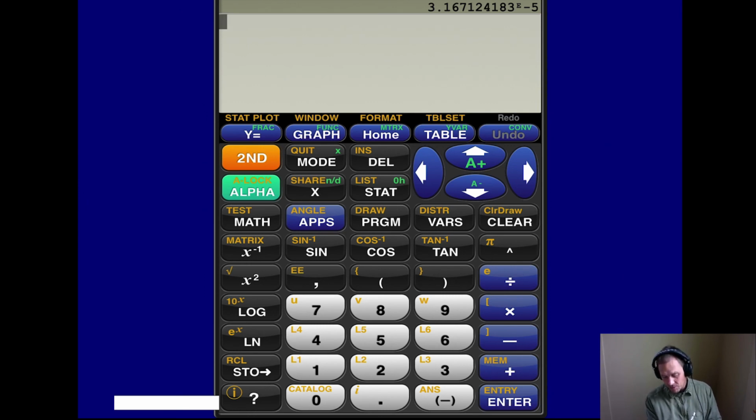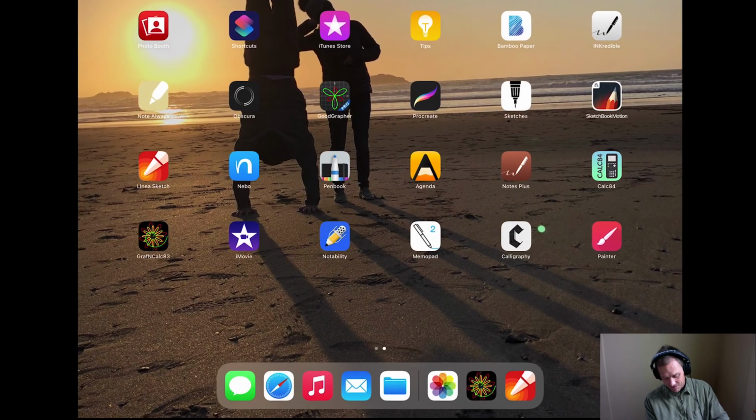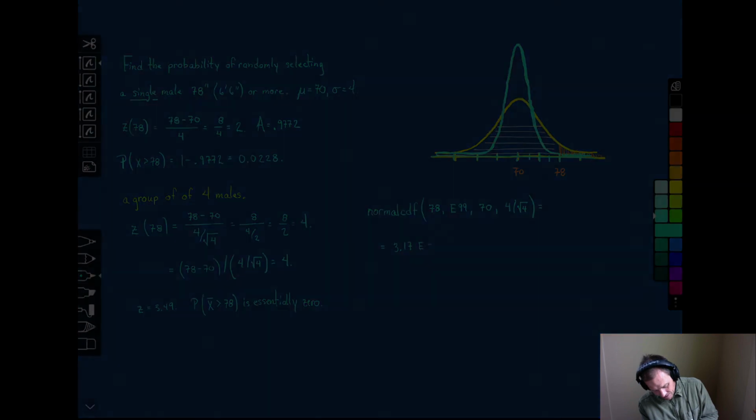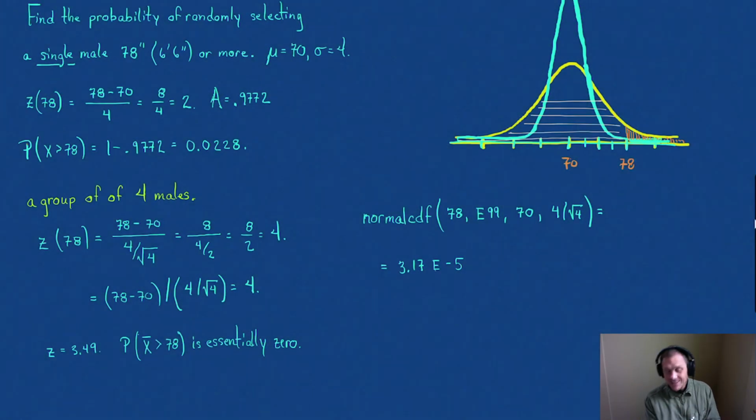I'm going to round it: 3.17 E minus 5. So this is equal to 3.17, and the calculator says E minus 5. Well, that means 10 to the minus 5th power. In other words, you move the decimal 5 places to the left.